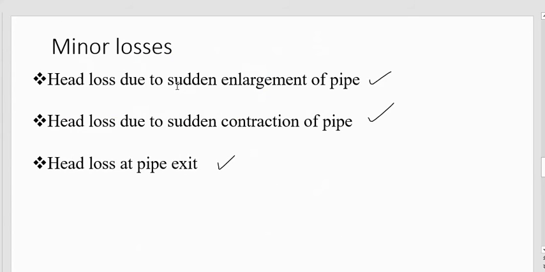Now let's look at what minor losses are. Minor losses include the head loss due to sudden enlargement of the pipe. There is also the head loss due to sudden contraction of the pipe.